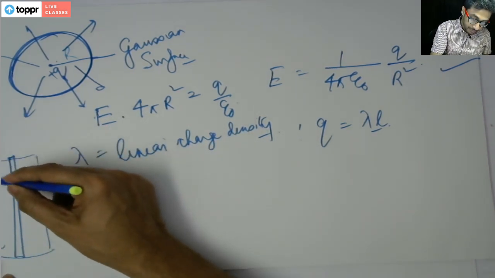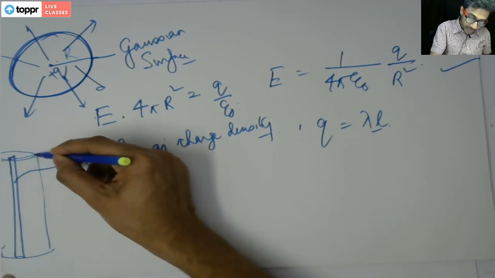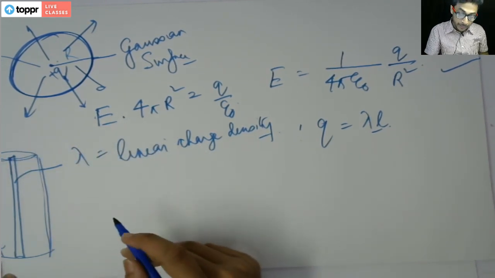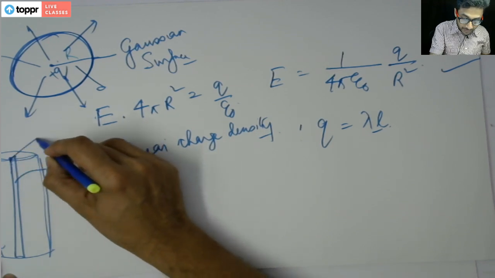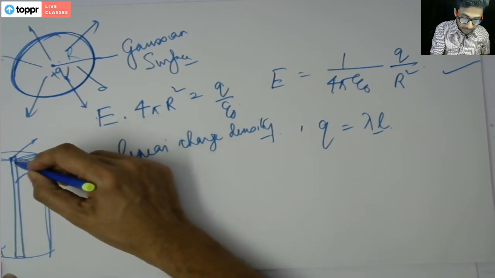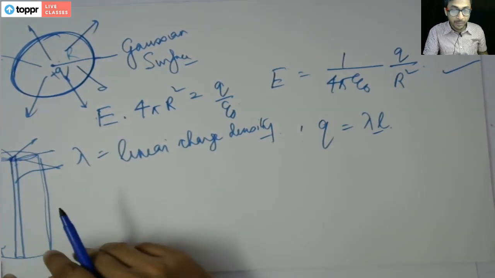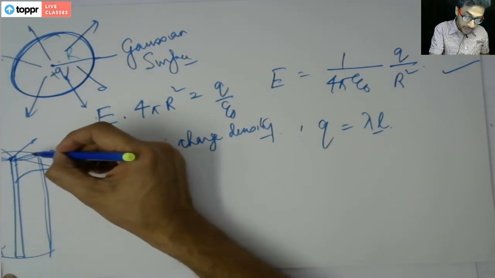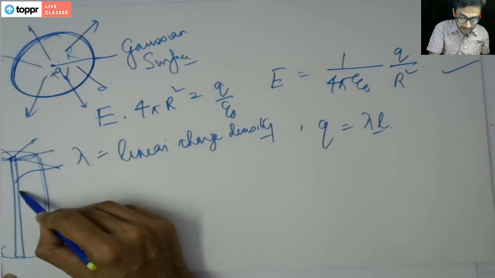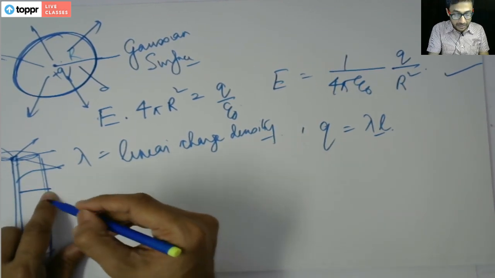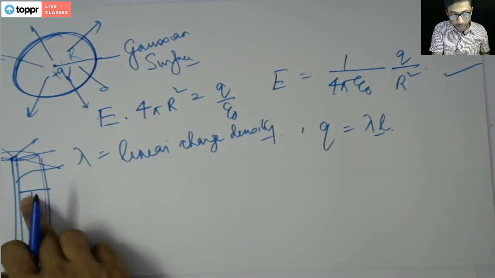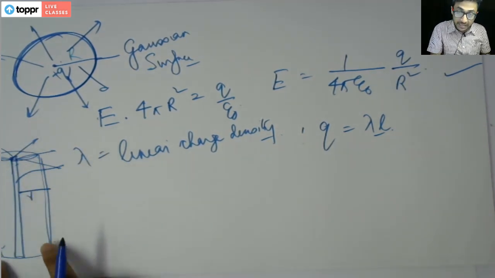Say we are taking a Gaussian surface which is just like a cylinder. Then the electric field is coming out like this. We are trying to find the electric field at a distance of r, so at a distance of r we consider a cylinder.